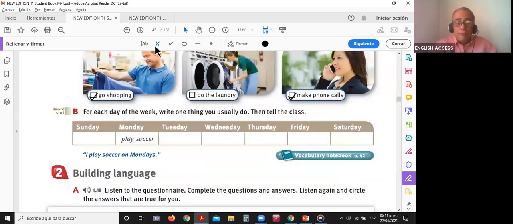Can you write it down, please? I'm going to give you 1 minute. Think about an activity you do on Sunday, Tuesday, Wednesday, Thursday, Friday, and Saturday. One activity only for each day. For example, in my case, Saturday, go to church.